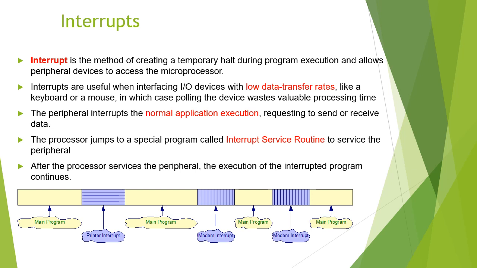It can be interrupted only when such a device comes with data and interrupts the central processing unit, thereby saving lots of its valuable processing time, and it can use it for other functionalities. So whenever a processor receives an interrupt, it will jump to a special program called interrupt service routine to service that particular interrupt.